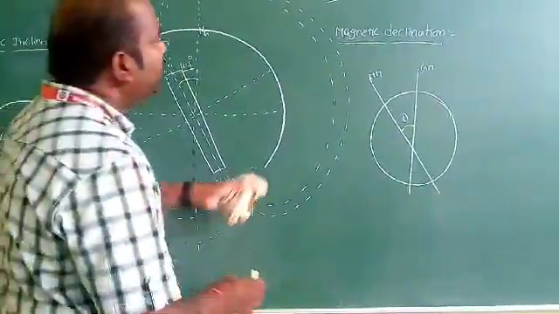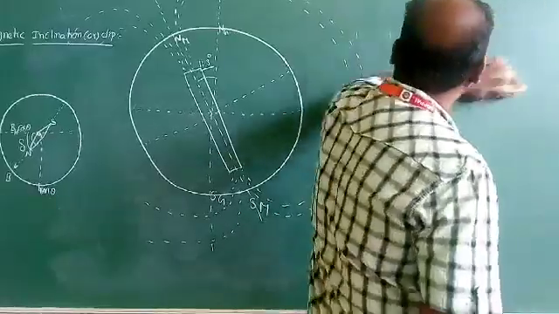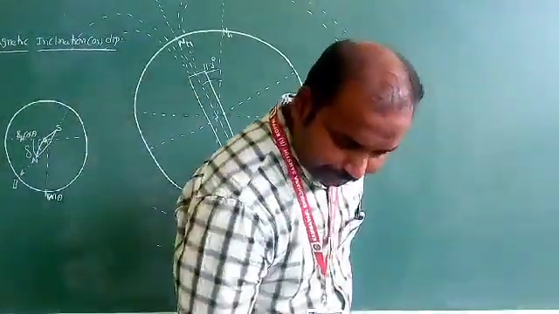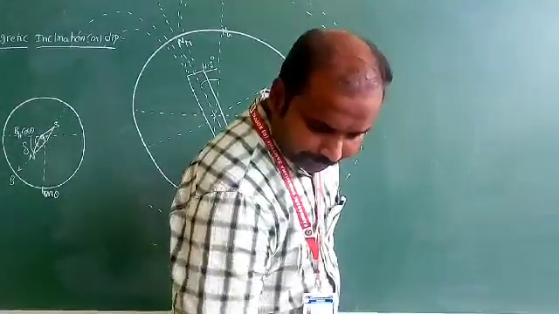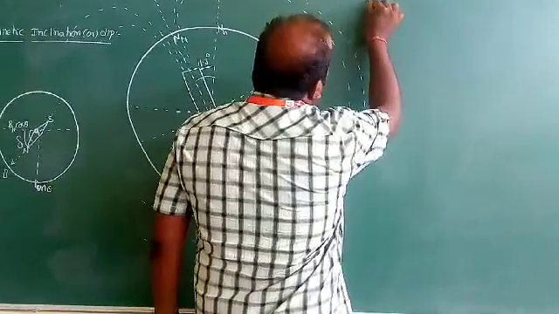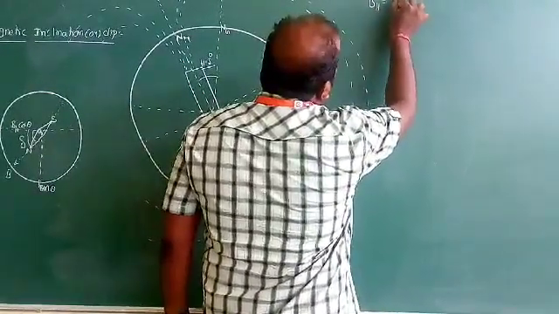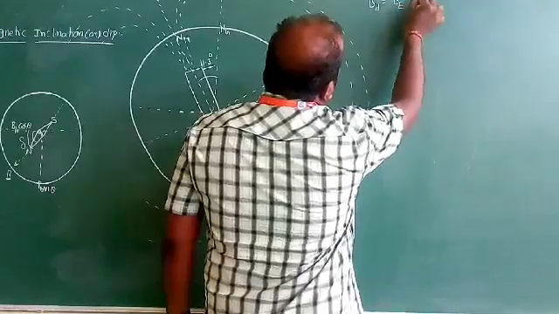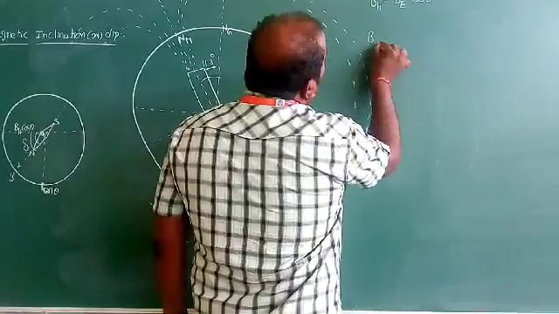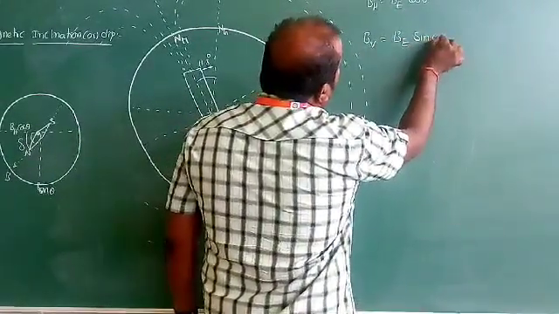Now, from this we can see a few important relations. The horizontal component of the magnetic field I can write as BH equals BE cos theta, and the vertical component as BV equals BE sin theta.